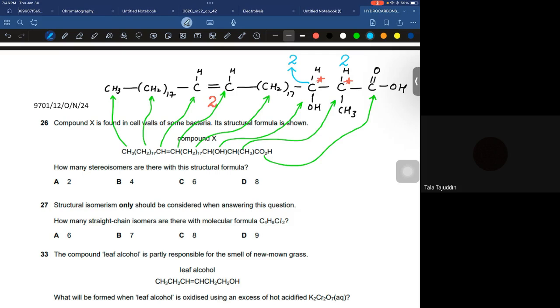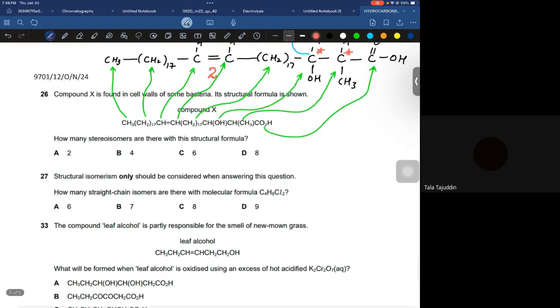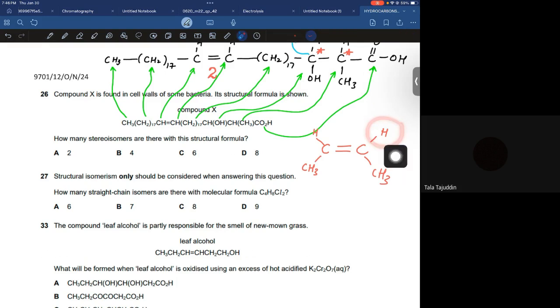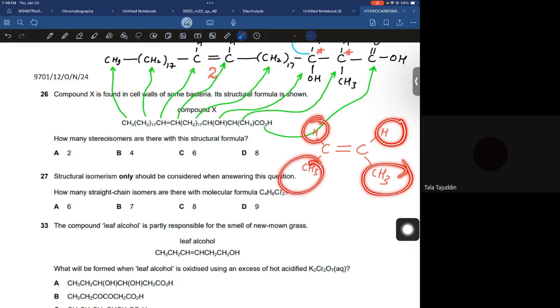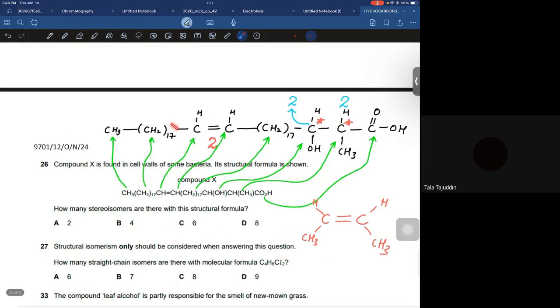Remember, when we were discussing the theory, I told you to draw the cis trans isomer. I was giving you this example: different groups means different groups, just like CH3 and H, and CH3 are the same, but in this question they are not the same.